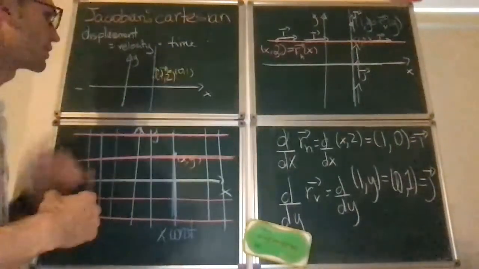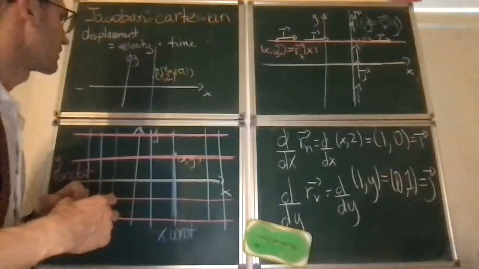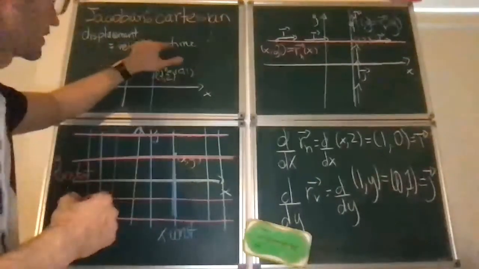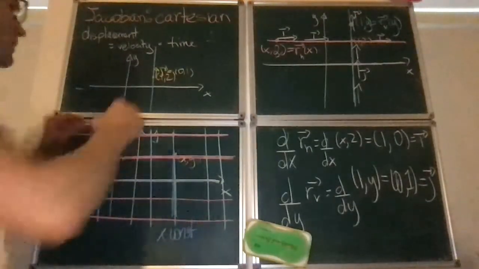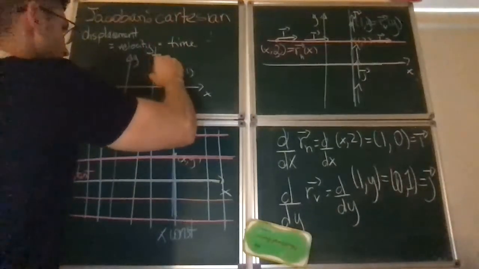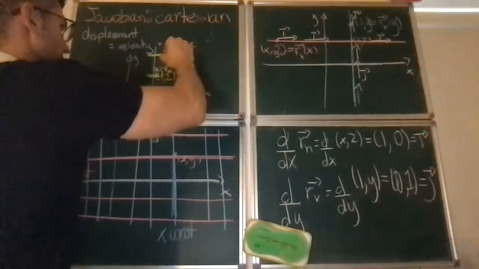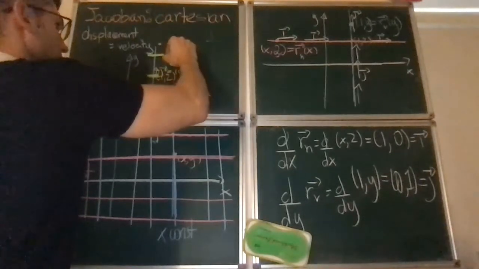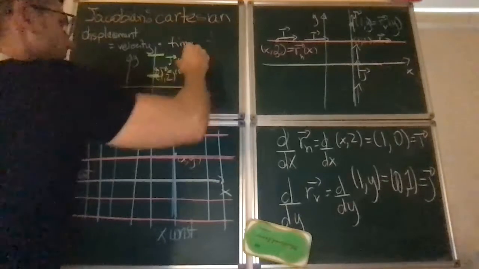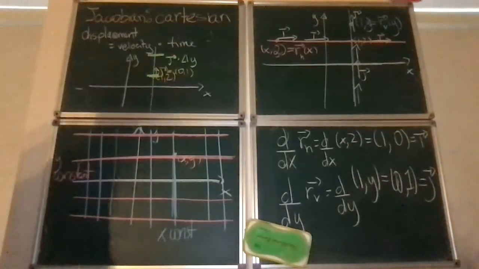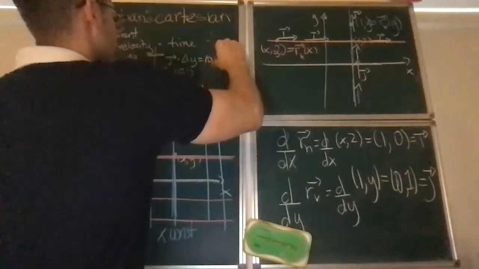So if you move for some amount delta y, then the displacement would be the velocity times the time, which is velocity times delta y, which is the vector (0, delta y).